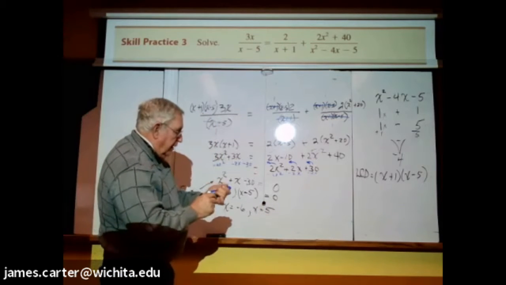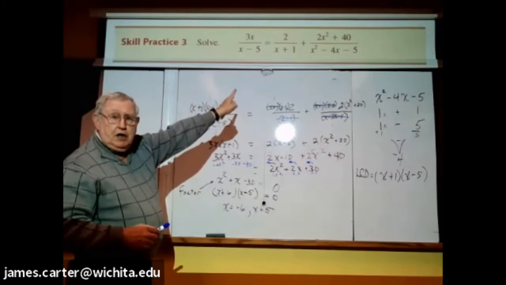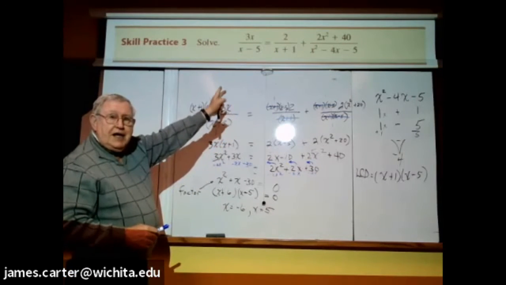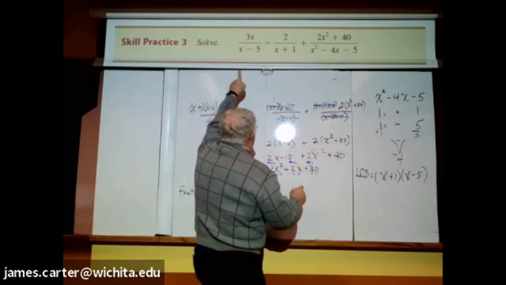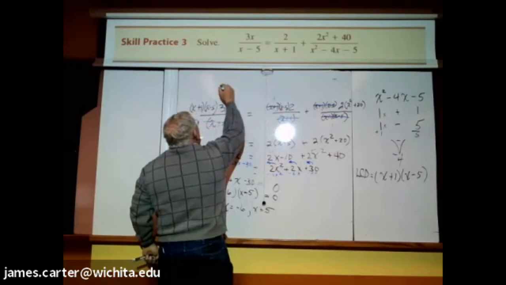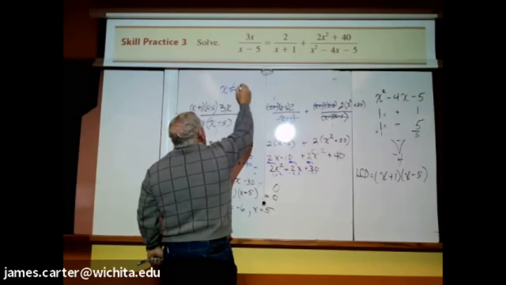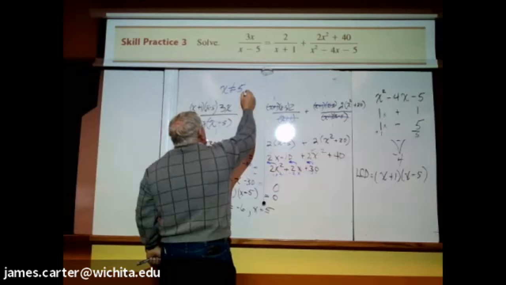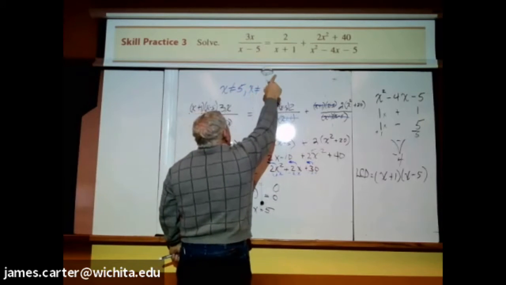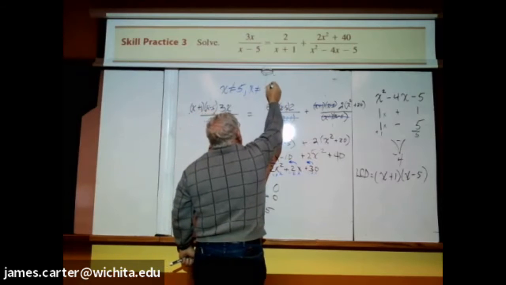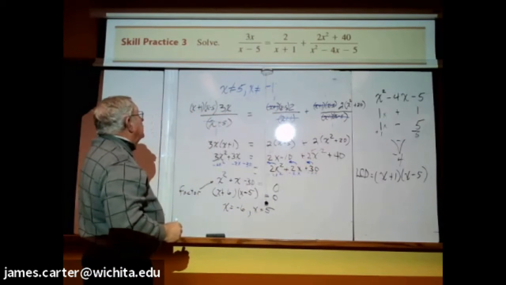Now, one thing that I've left out so far is I have not done a domain check on this thing. What numbers can it not be? Well, x can't be positive 5. And x can't be negative 1. So it can't be either of those two answers.